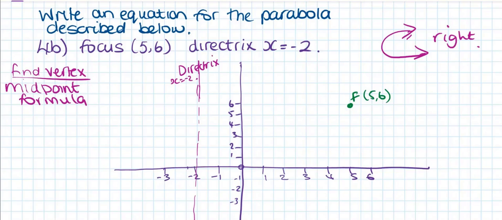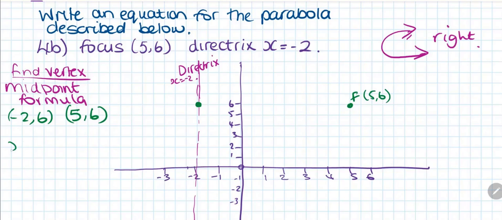To do that, we need to choose a point on the directrix. If we choose this point here, the coordinates are (-2, 6). And then the focus, we have (5, 6).